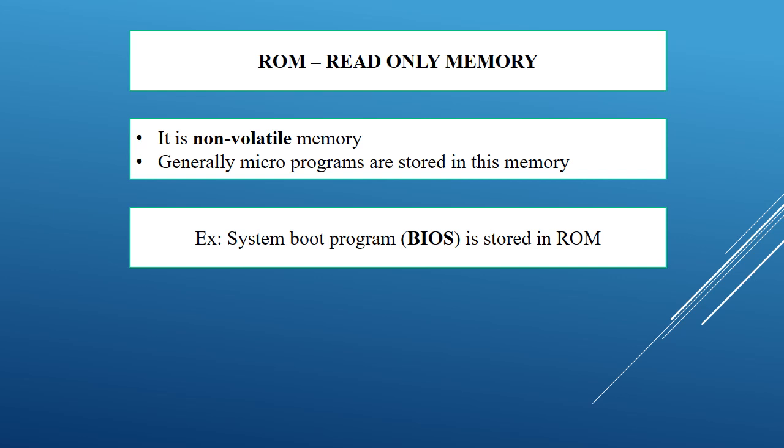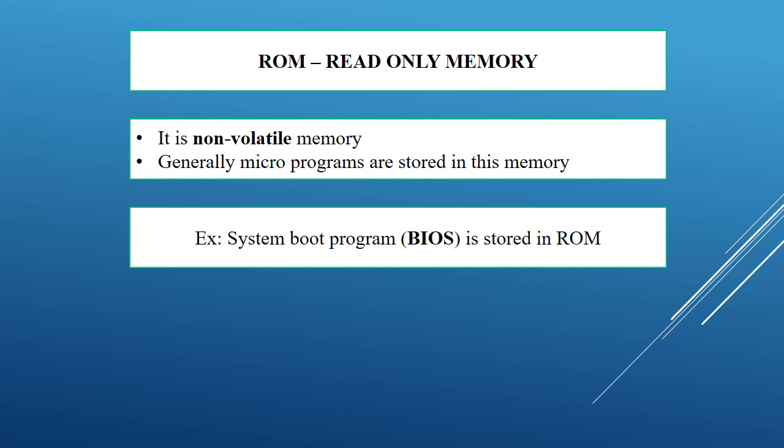And next is read only memory, ROM. This memory is non-volatile. What is the meaning of non-volatile? Even if you turn off the computer, the data or program in this memory will not get lost. That is an example of non-volatile memory.